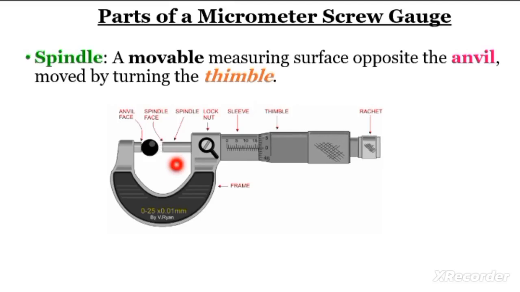So this one is able to move provided we are able to turn or rotate the thimble, which is here. So this one can only move if we rotate the thimble. Okay, so we have looked at the spindle. Let us look at the next part of the micrometer screw gauge.